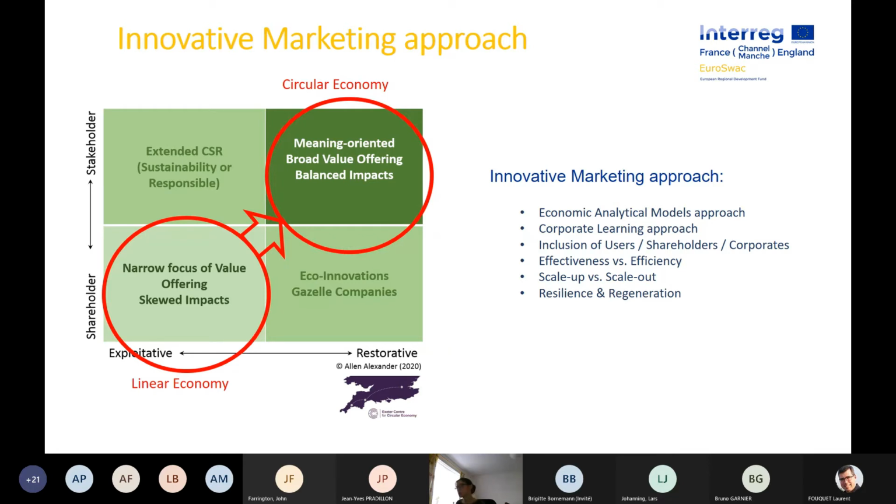We will include in this process users, shareholders, stakeholders, corporates, so they have a good, deep understanding of what we are trying to achieve and how it will benefit them. We'll study effectiveness versus efficiency, scaling up versus scaling out, and resilience and regeneration.